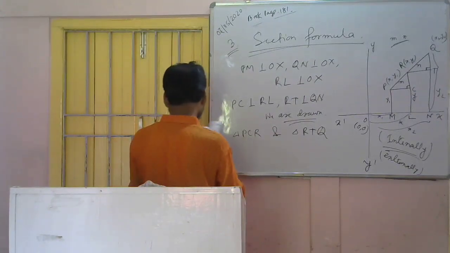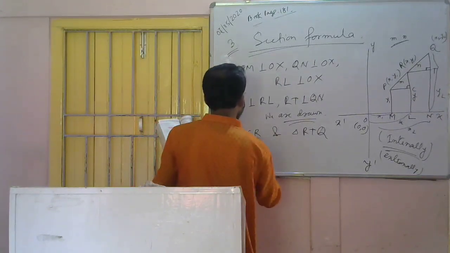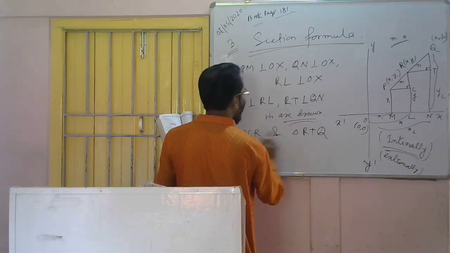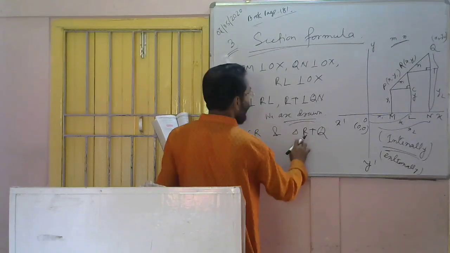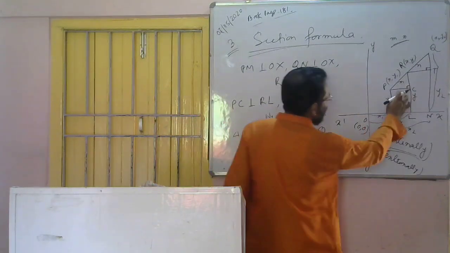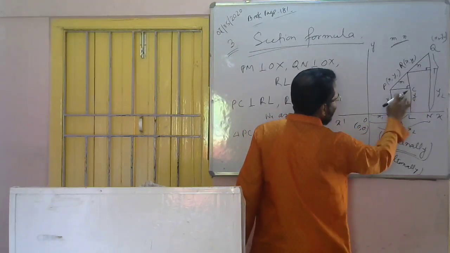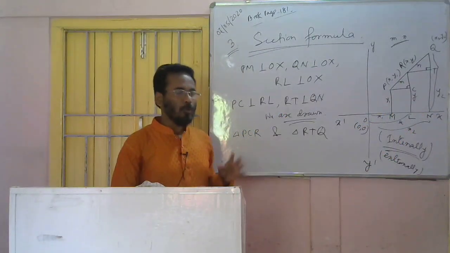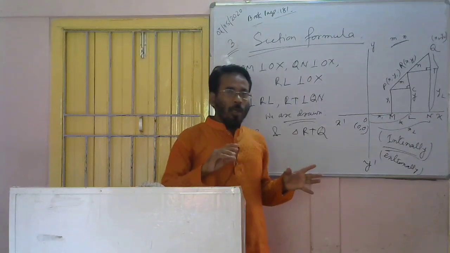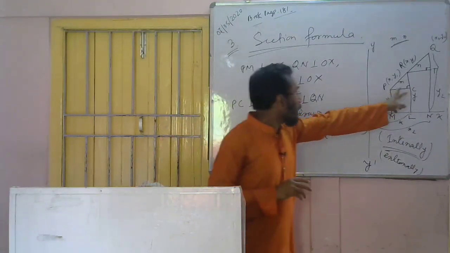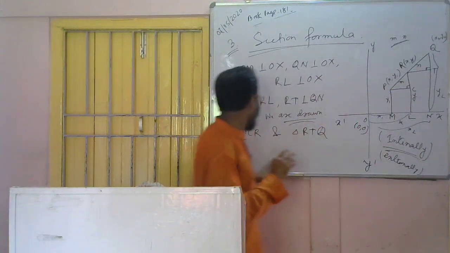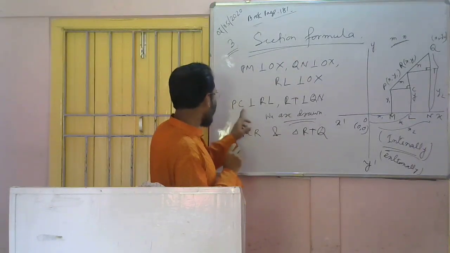So the conditions of similarity: these two triangles, triangle PCR and triangle RTQ, are similar.